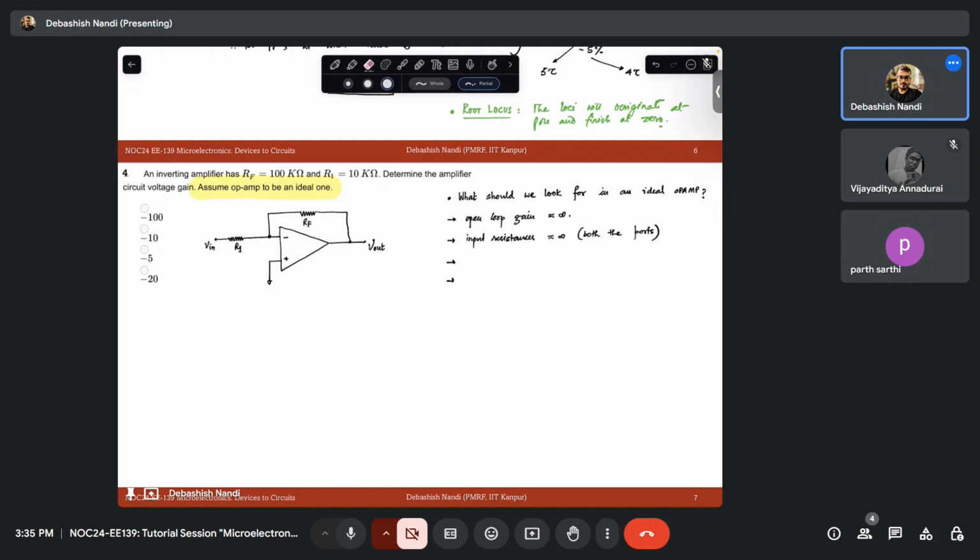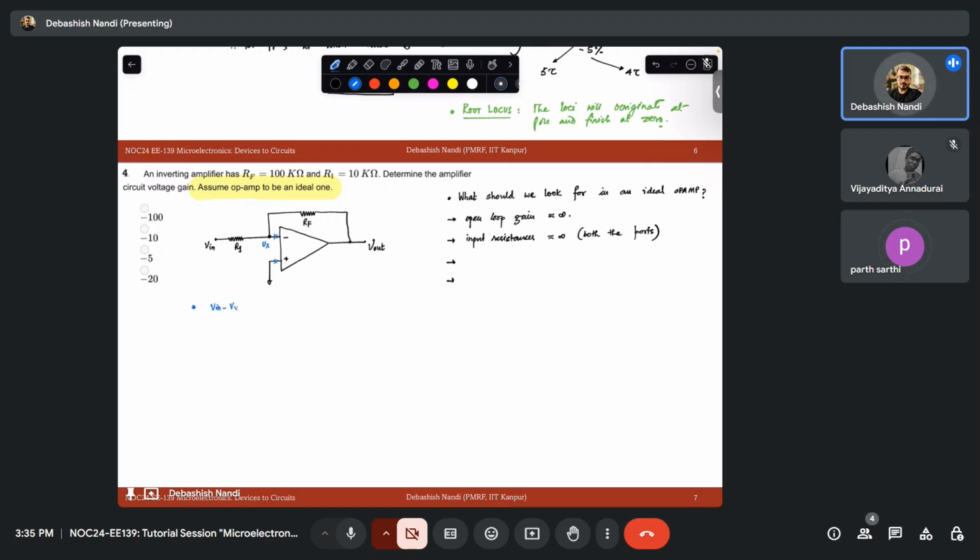So what is the key point in analyzing? Okay, let us start the analysis of this. So what is the first thing I should consider here to find out Vout by Vin? One thing is that there is no current flowing through these two branches, right? Yes, sir. Another thing is that I need to know somehow the value of Vx.